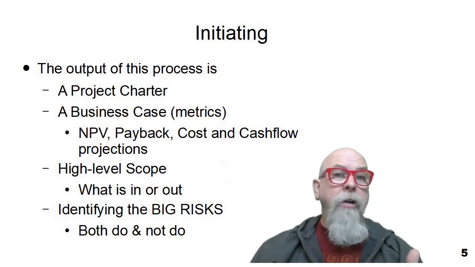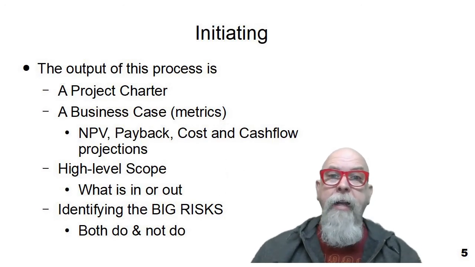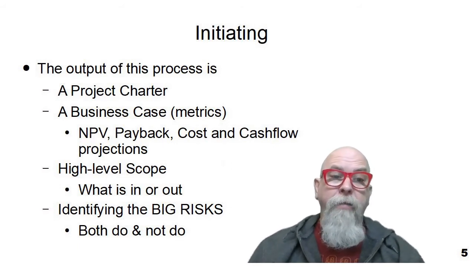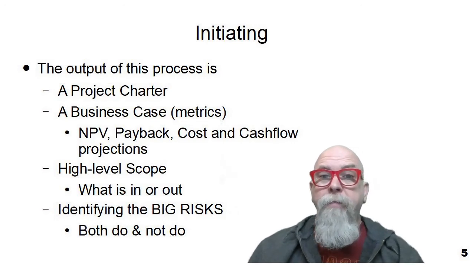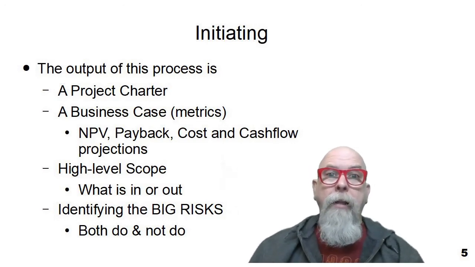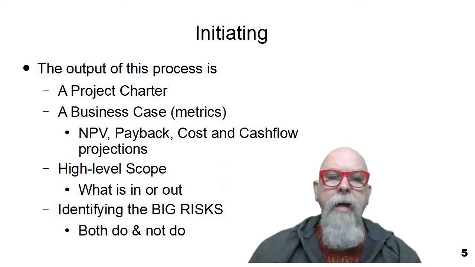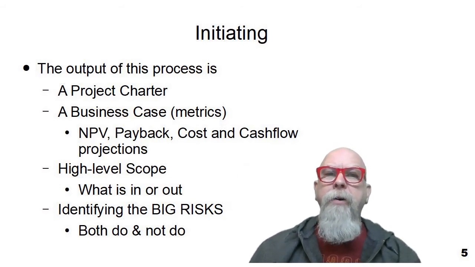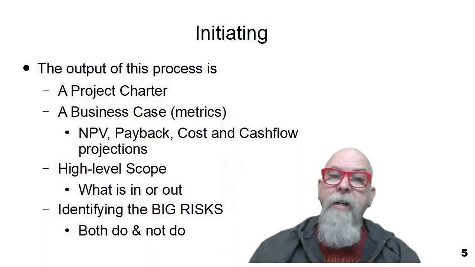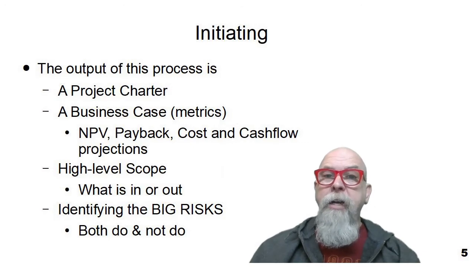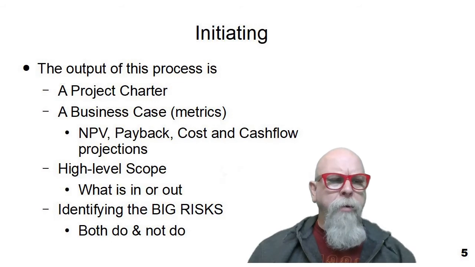We may have a currency risk because we're dealing with a foreign currency transfer as we execute the project. And the risk might be a positive risk because we might win in the currency transfer, or we might lose. So there are all kinds of big risks, and we need to identify all of those as we start to initiate the project. These are the outputs of the initiating group, or phase.